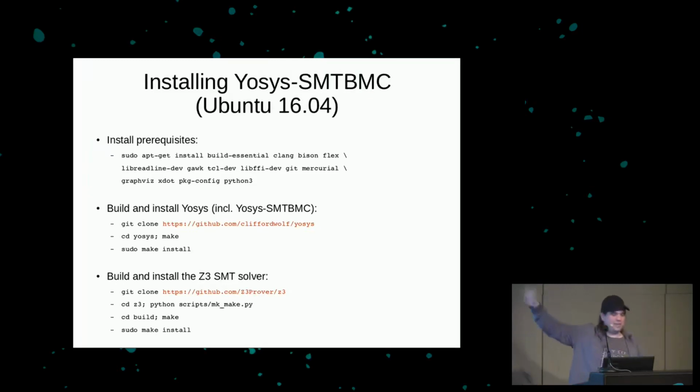Instead, you just get some prerequisites, and then you build Yosys, and then you build an SMT solver, and after 20 minutes or however fast your computer can build large C++ projects, you have everything installed, and you can play around with the examples in this presentation.